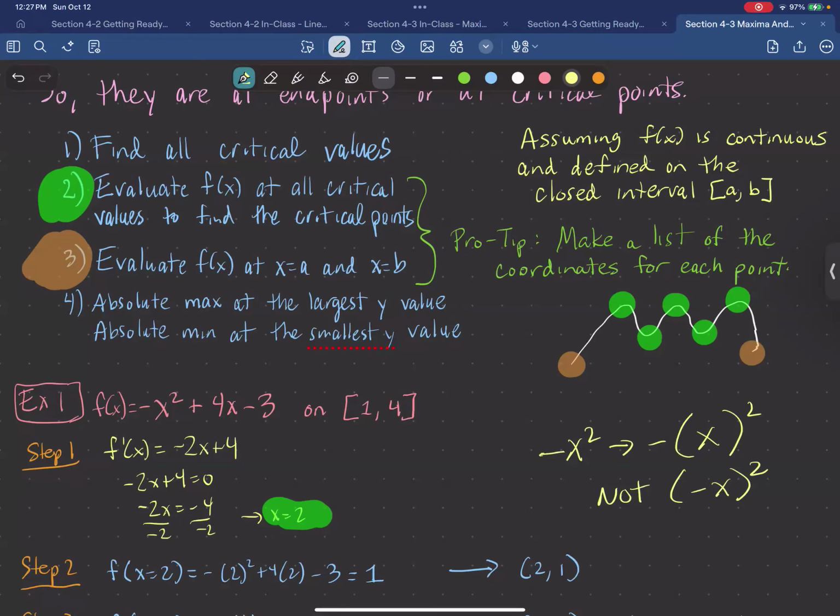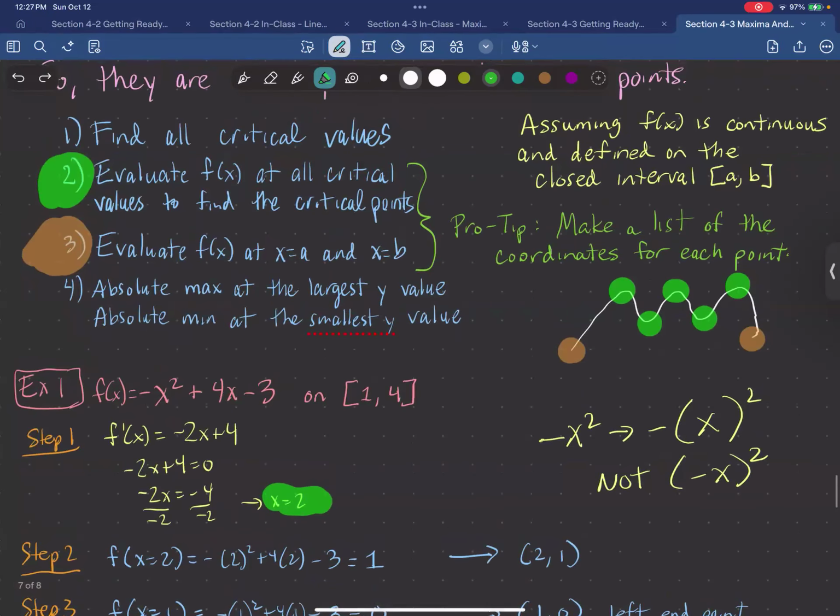When you plug it in, notice my negative sign is on the outside. If it's not on the outside, you square it and it goes away and you screw it up. So this is -4, and this is +8, which would give us 4 minus 3 is 1. So I've got the point (2, 1). This was my pro tip.